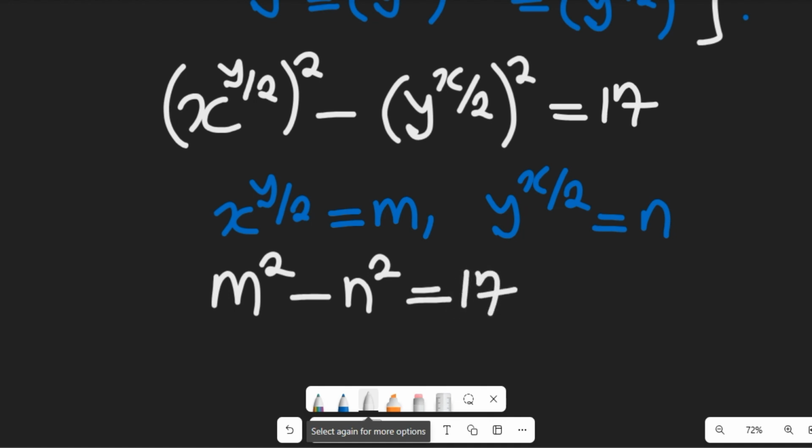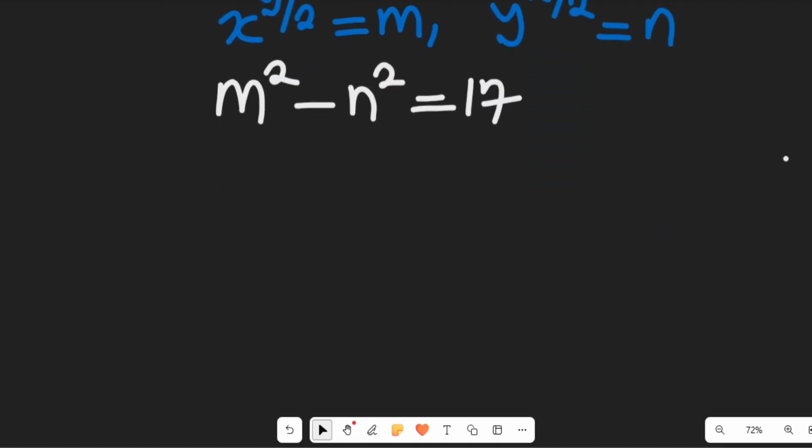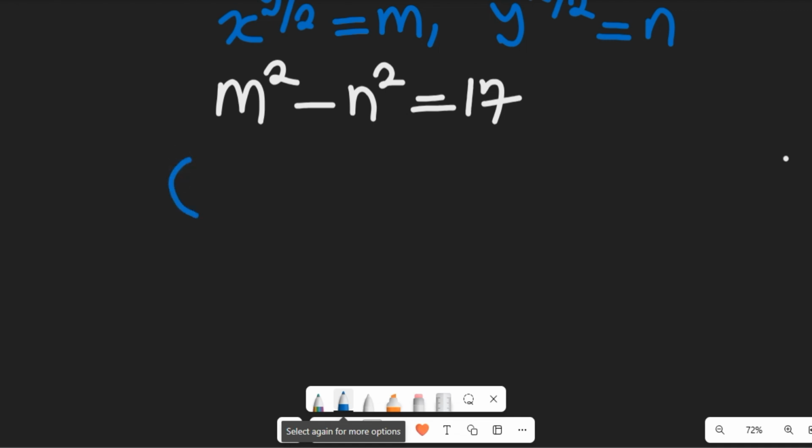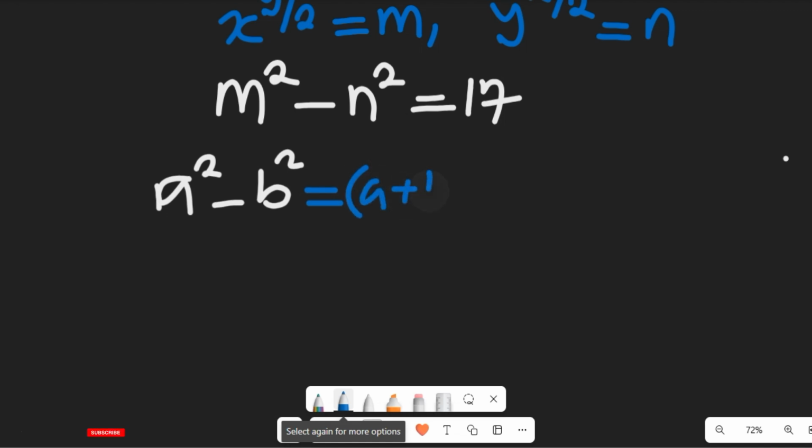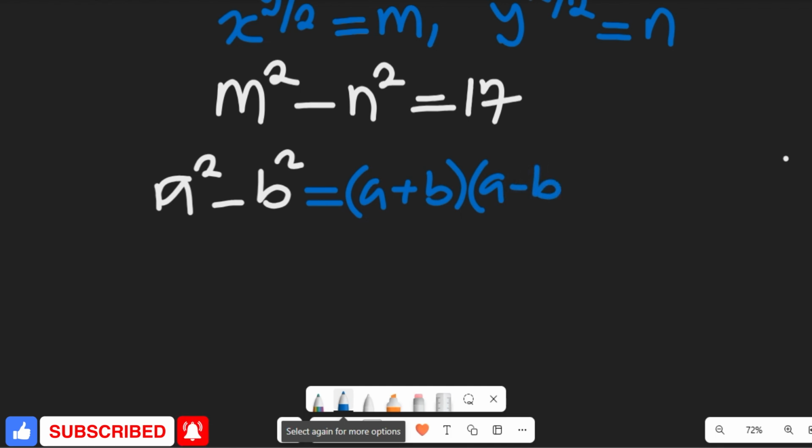Great. Now I want you to recall one simple law of algebra, the difference of two squares. If I have a squared minus b squared, that expression simply gives me a plus b and a minus b.